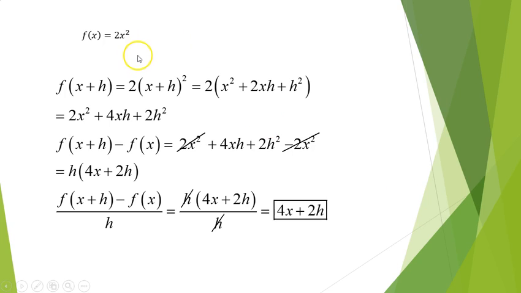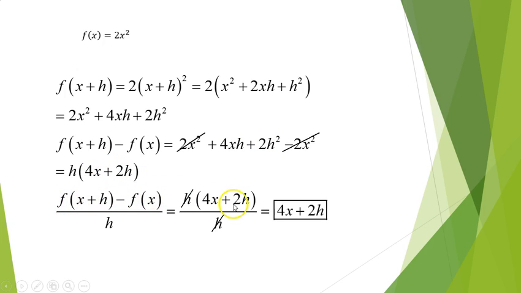This one, not so difficult. F of x plus h will replace x with x plus h. Be careful about squaring. We've got to use FOIL. Distribute. Subtract the original expression. And then notice that h is a factor of both terms here, so we'll factor that out.